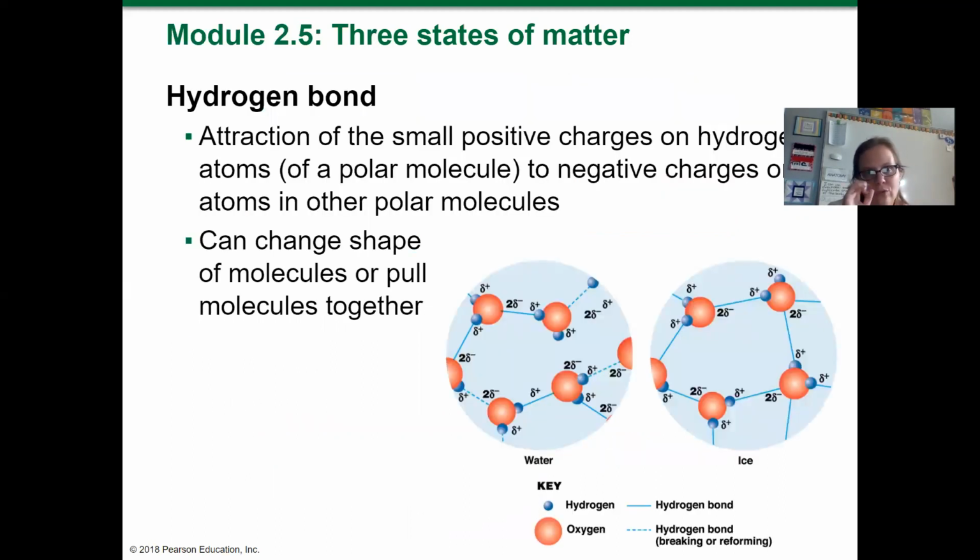Hydrogen bonds are what hold those water molecules together in all 3 states of matter. And these are very important. For example, DNA is held together by hydrogen bonds, so it's a very important attraction in anatomy.